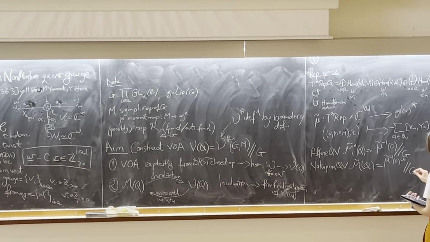And now I'll erase the example and keep the classical part on the right-hand side with the representation space and the moment map. And right here, the chiral analog for the moment map, alpha, beta.